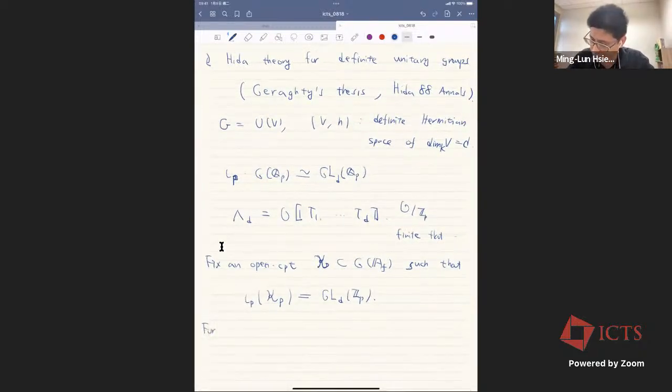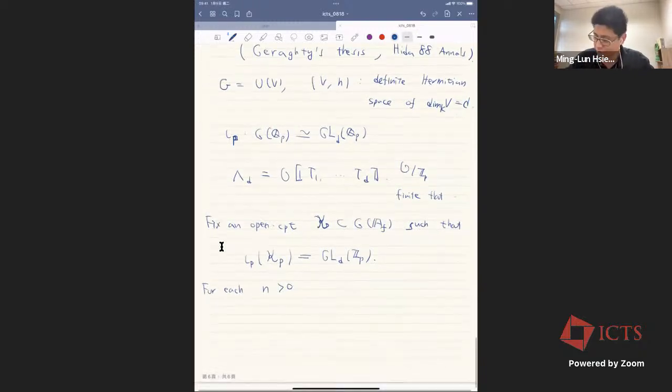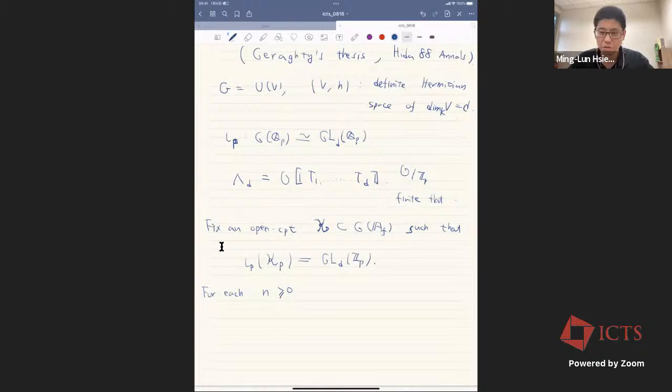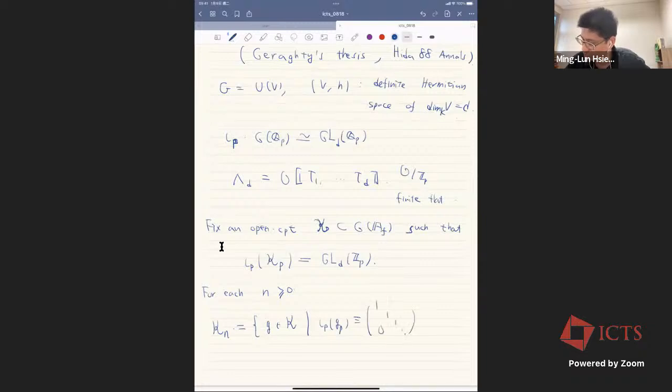And then for each n greater than or equal to 0, I define K_n to be the set of g in K such that the p component ι_p(g) is congruent to an upper triangular unipotent subgroup modulo p^n.